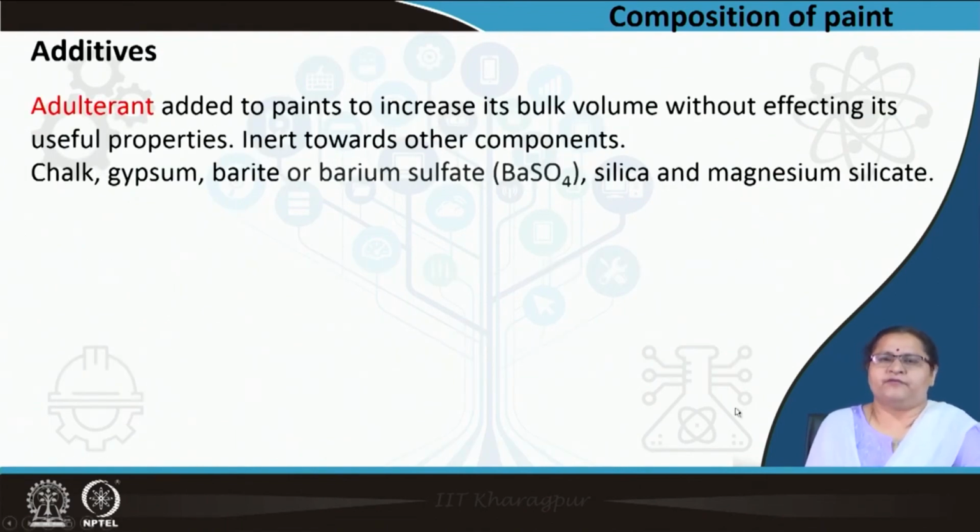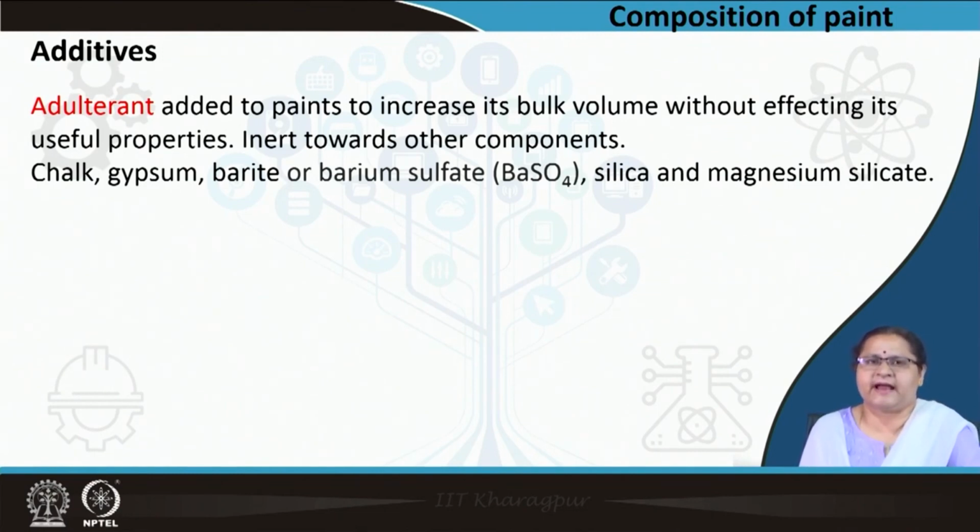Now, apart from these two basic things, we have additives which reduce the cost. We had learnt adulterants in concrete also. We could add them in low percentage to reduce the cost.